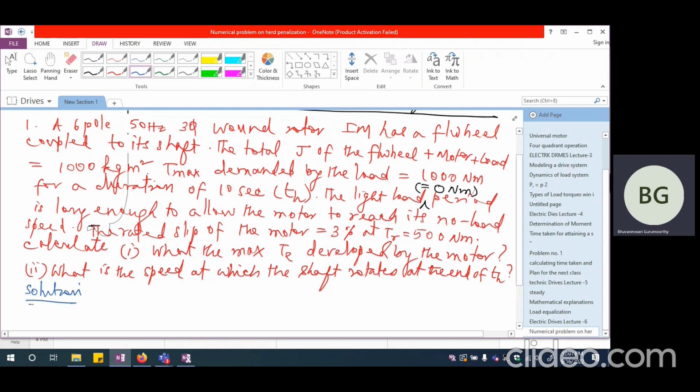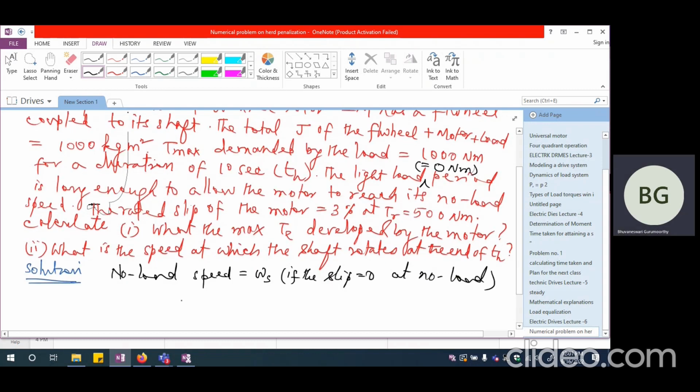So let's first of all write the data clearly. One is the no load speed, assuming that the slip is negligibly small. This is an induction motor, so if the slip is 0 at no load condition, we are going to have this as omega s.